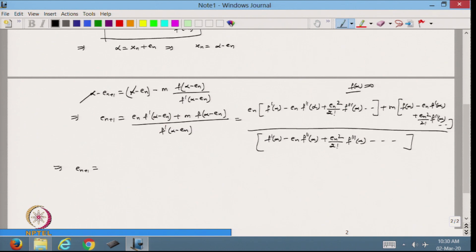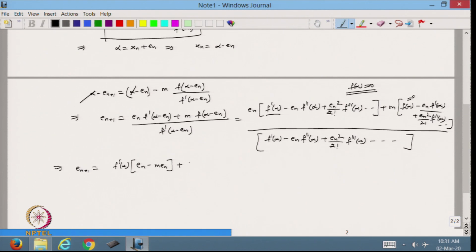Now I can collect the terms corresponding to f dash alpha. I will get en minus m times en, and this one I have collected.